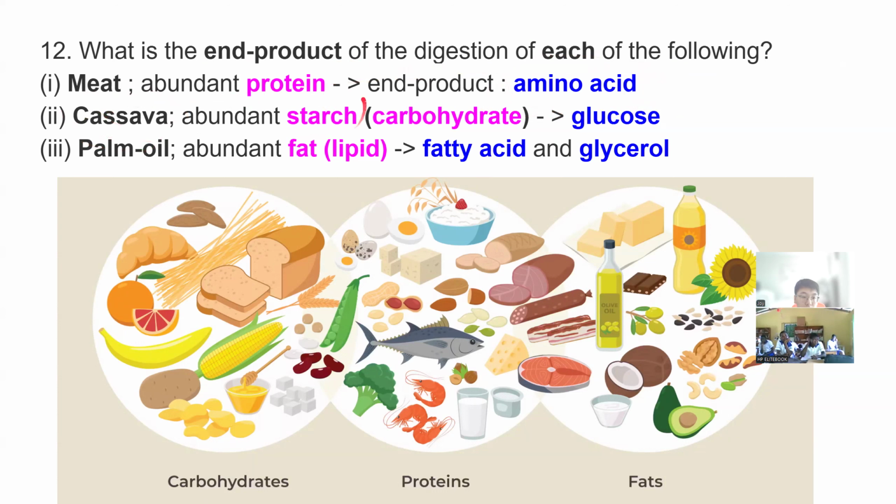Cassavas are abundant in starch. So it breaks down into glucose. Palm oil is filled with fats, and it breaks down into fatty acids and glycerol. So it's mainly talking about three groups in this question: carbohydrates, proteins, and fats.